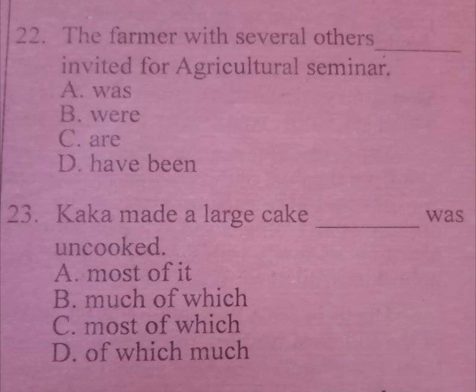It should therefore follow that if you were provided with a sentence like "the farmers," then you should be looking for a verb in its plural form as well. The farmer with several others, maybe several other buyers or clients, were invited.